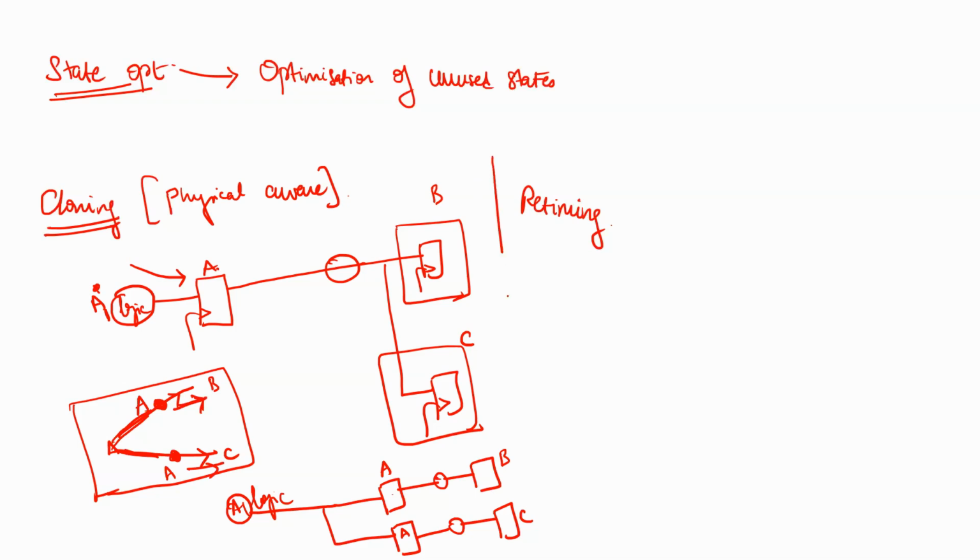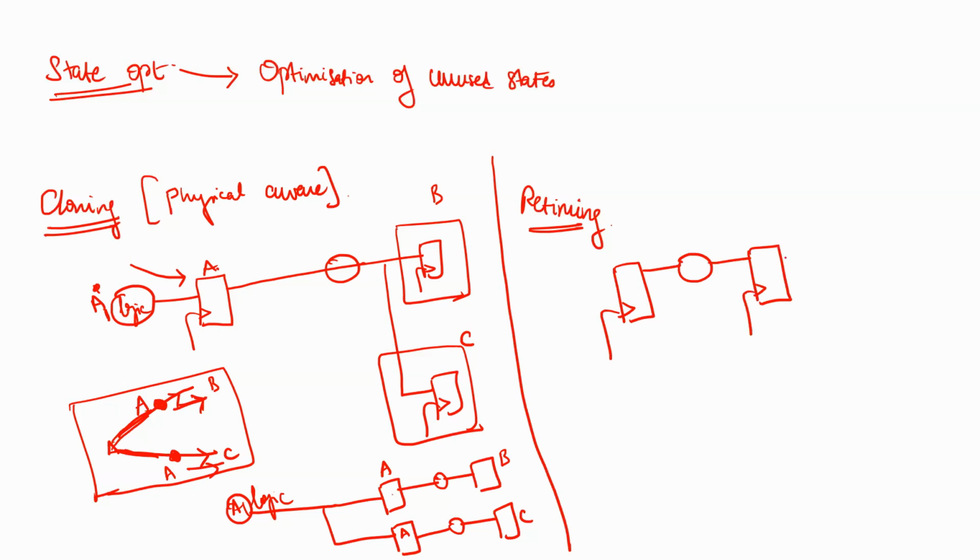Okay, and another concept is called retiming. Let's say, for example, I have a logic like this here. These are not straightforward techniques, these are advanced techniques. Let's say the combinational logic here is 5 nanoseconds, and the combinational logic here is 2 nanoseconds.